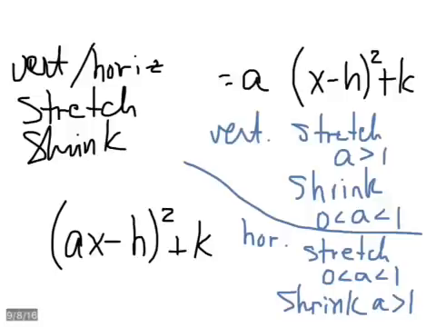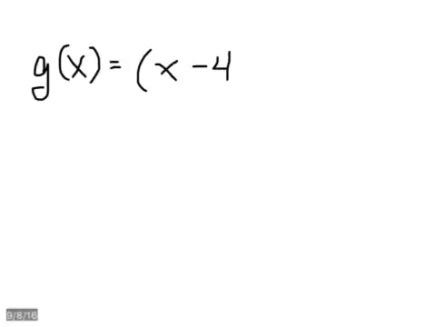Chandler, I appreciate you. Would you pick a number from 3 through 12? 6. Number 6 says g of x equals x minus 4, the quantity squared.